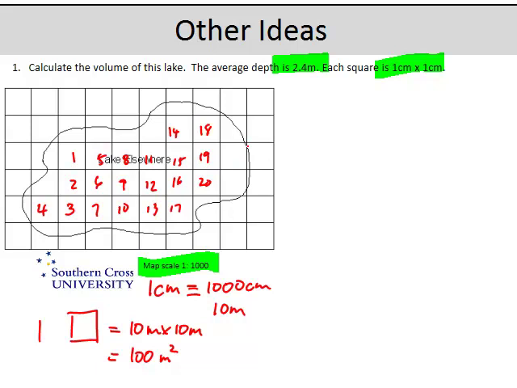There's only a tiny fraction missing from this one, that won't matter, 21, and only a tiny fraction of this one, 22. So basically, the number of squares that we've got is equal to 22.